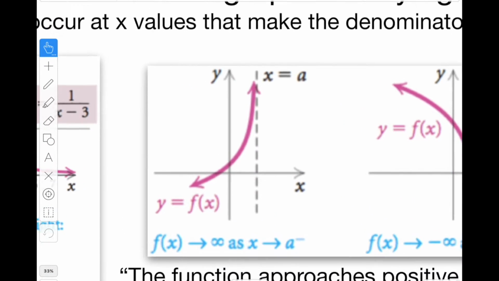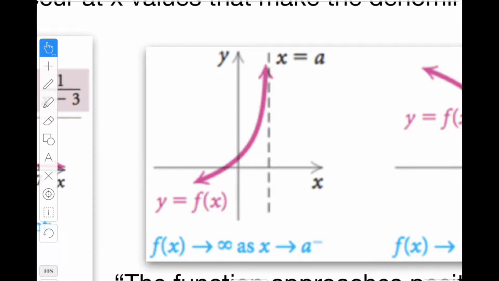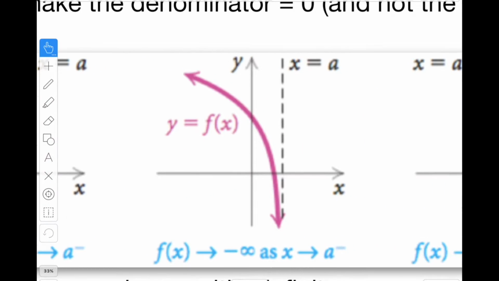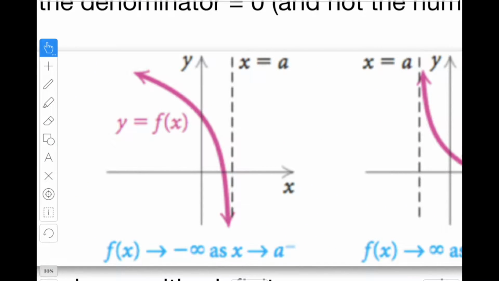Here are some other examples. In general, you can say things like f of x approaches infinity as x approaches negative a. Here it would look like this: f of x approaches negative infinity as x approaches a from the negative side.